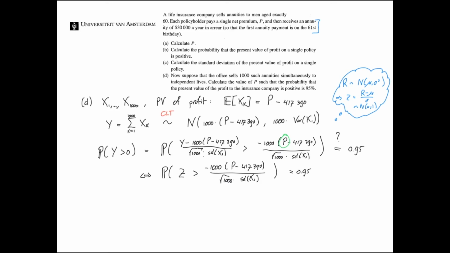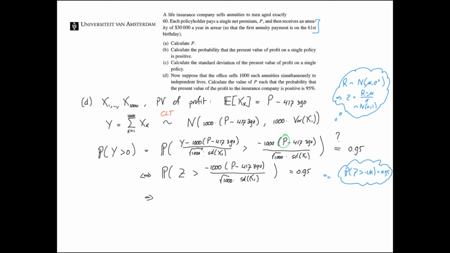And we know that we can look up this value in a z table. We know that the probability that z is bigger than something equals 0.95 when that something is minus 1.65. So you can look up this value in a z table.